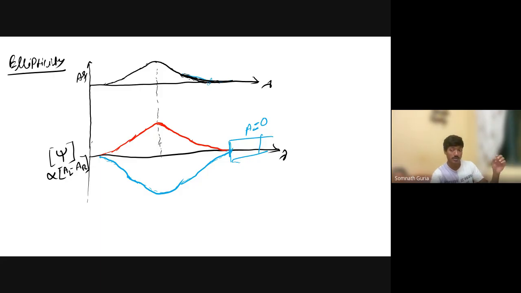In the CD spectra, it is associated with the molecule absorbing light, the left hand circularly polarized light or right hand circularly polarized light. Depending on that, we get this CD spectra. If the molecule is not absorbing anything, how can we say this is my CD spectra, active at that particular wavelength?